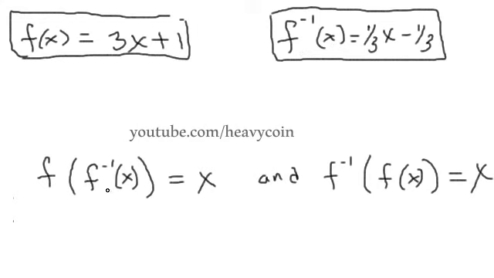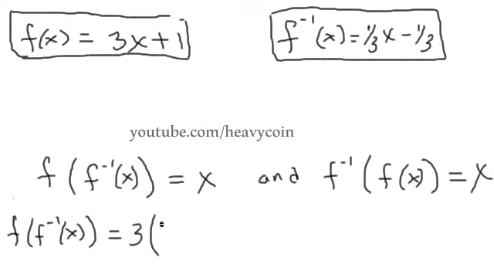So what we're going to do is take f inverse of x, that would be this whole thing right here, and plug it in for this x. And so we're going to end up having f of f inverse of x is equal to 3 times, now I'm going to take this whole piece right here and substitute it in for this x.